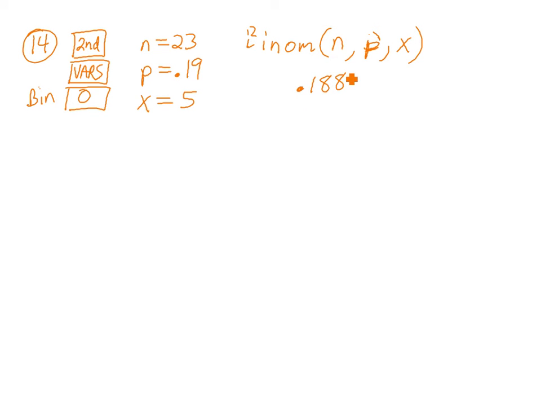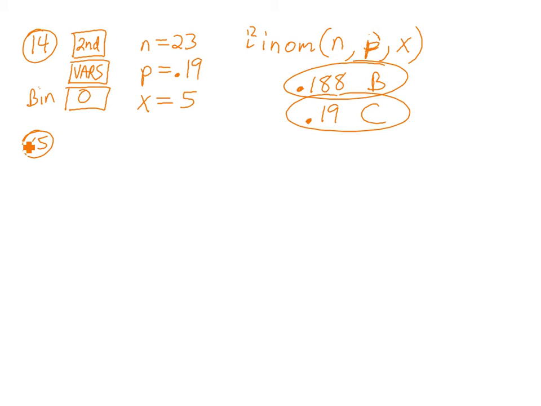I'm not sure why that's answer B, but they also put 0.19 on here as one of their answers. So I would accept B or C on that one. I'm not sure why they put both those answers on there, too close together.